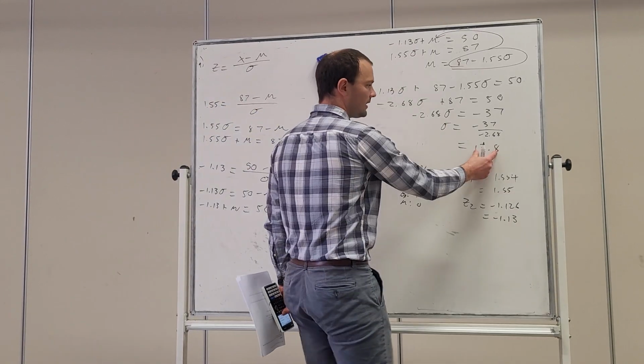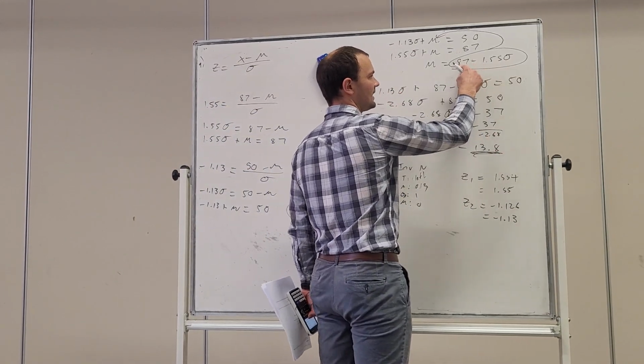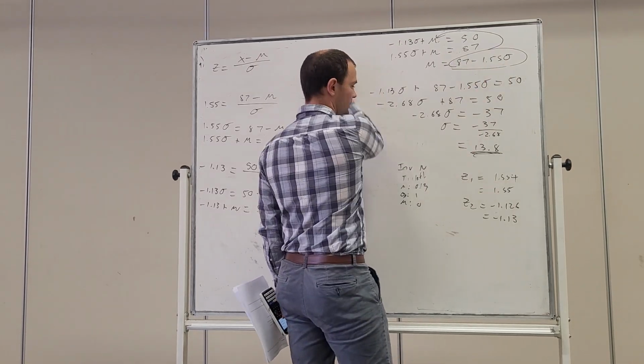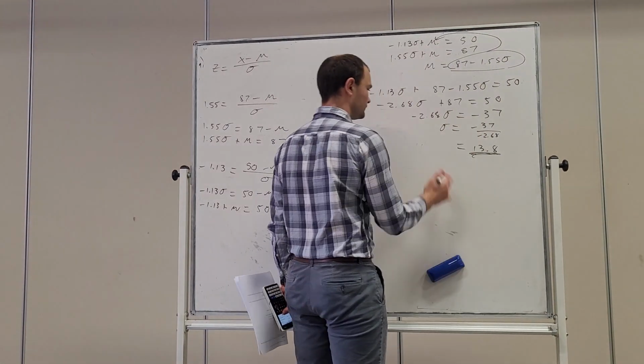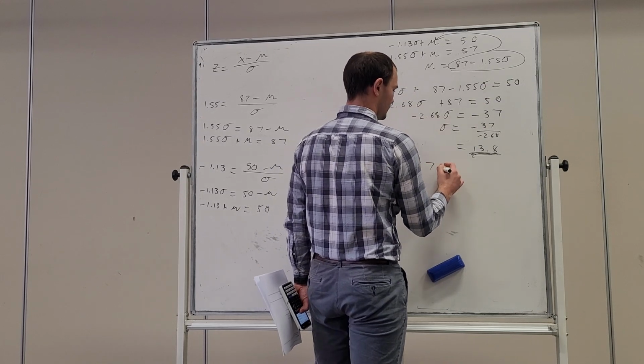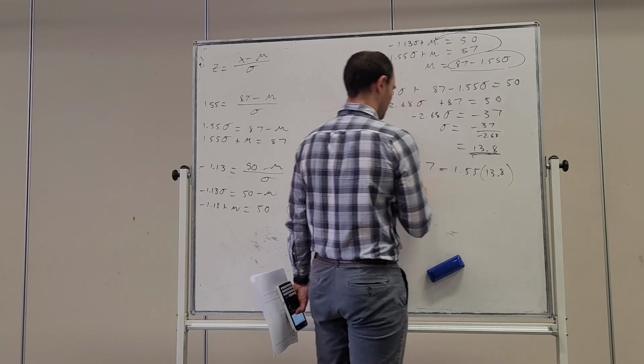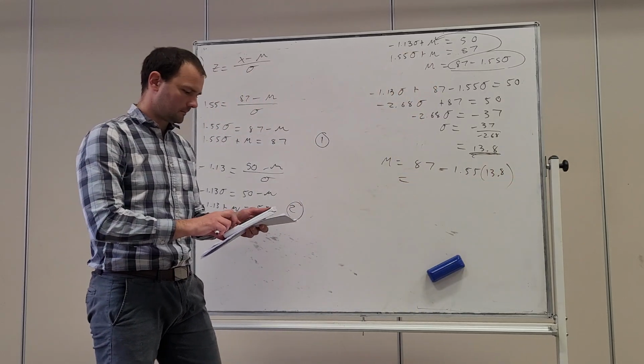To find the mean, we're going to take that 13.8 and plug it in here. The mean is 87 take 1.55 times the standard deviation, and just process that one.